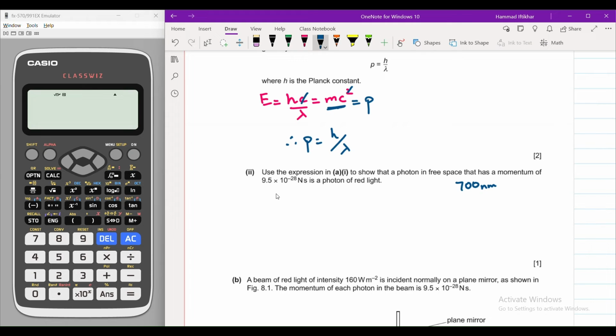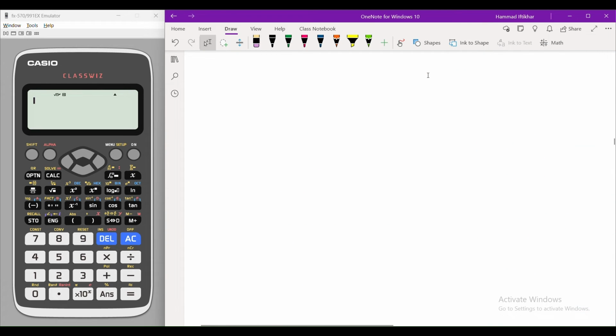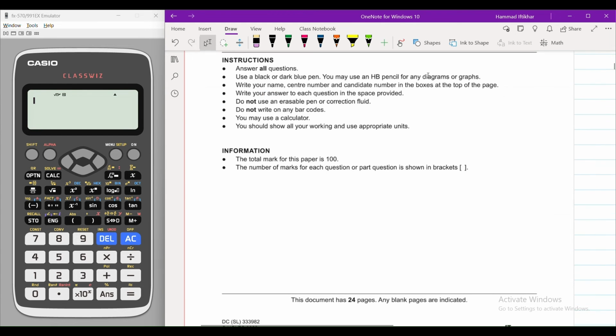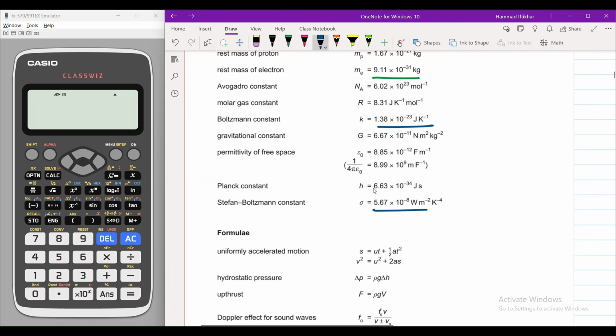So if we can show the wavelength in that region, we can show that it's red light. For lambda, that is going to be h over p, where h is Planck's constant, which we look up in the data sheet: 6.63 times 10 to the power minus 34.